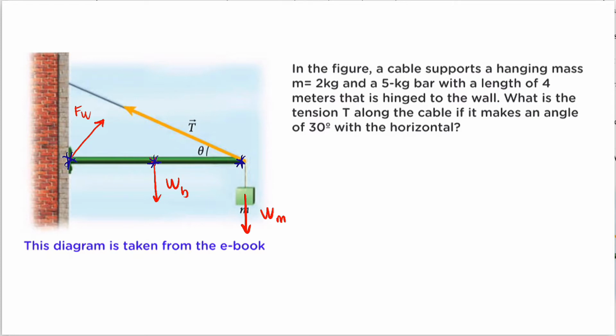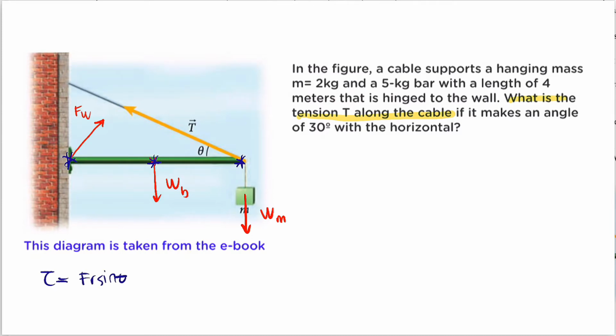Since we are interested to solve for the tension along the cable, we cannot assign this as our pivot point, because the moment that we assign a point as a pivot point, all the forces that are acting there will result in a torque of 0. Remember that torque is equal to F r sine theta.